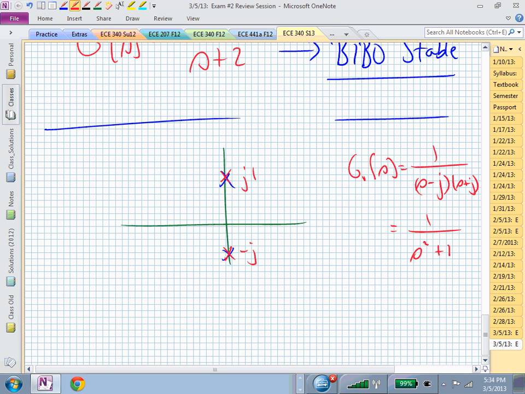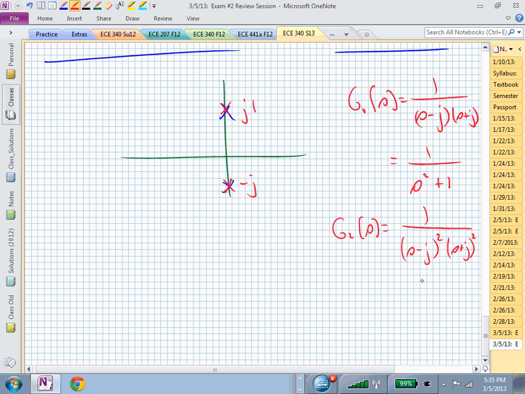That they're claiming is bounded. But if you now had a G2 of s that had those repeated, now you would have an s minus j squared and an s plus j squared, or s squared plus 1 squared.